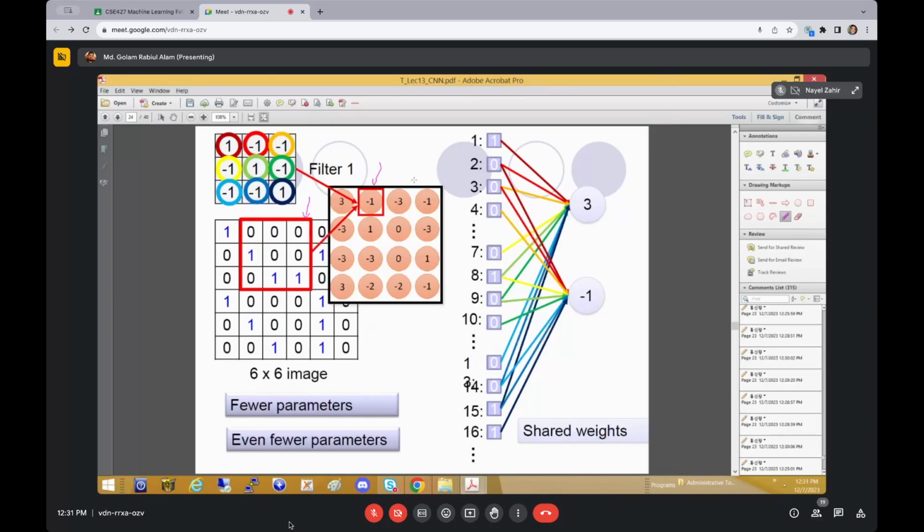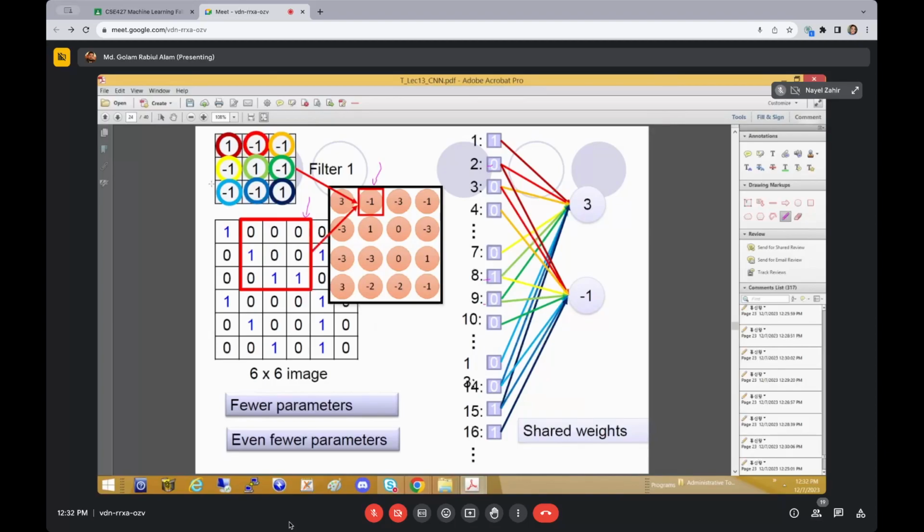So these are the values: 2, 3, 4, and then 8, 9, and 10, and then 14, 15, and 16. Those are the values we have to use here. That means this time also 9 connections.